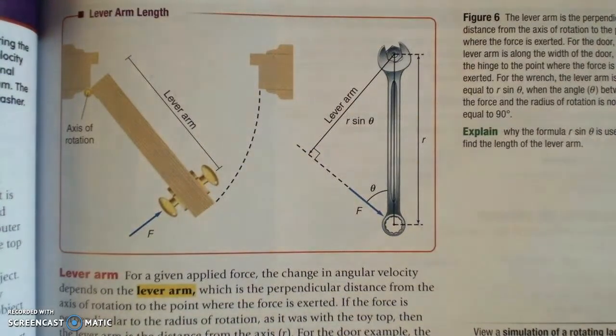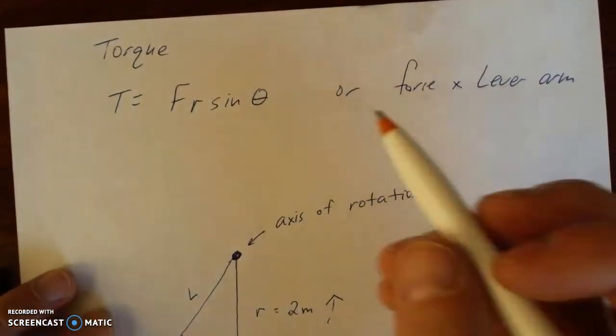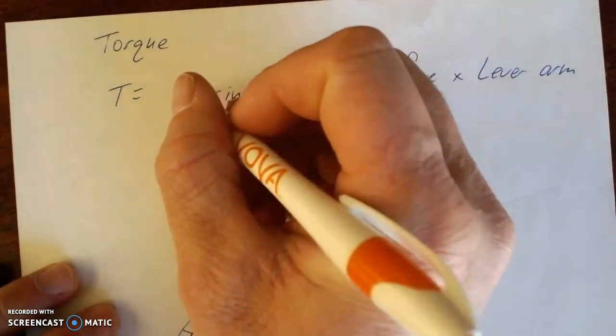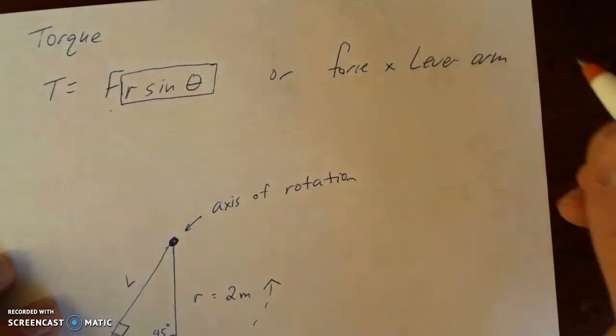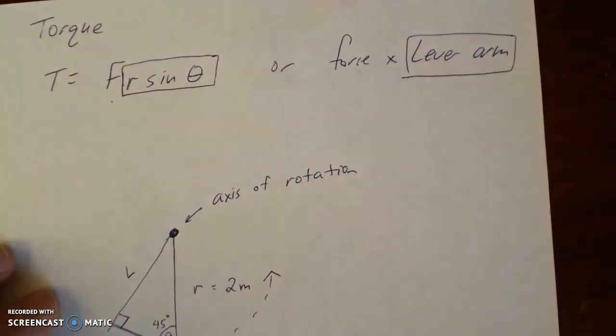So the equation for the torque is this. So we have the force in newtons times this whole term r sine of theta. And what that is, the r sine of theta is just a way to express the lever arm.